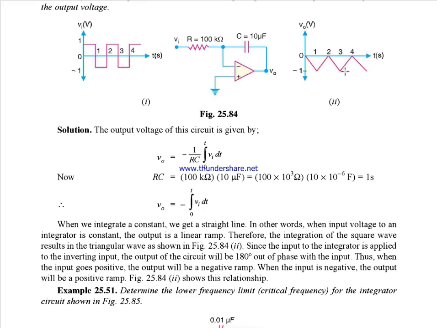So it will be a negative ramp, then a positive ramp, like this. Actually the output should be plus 1 volt, but since we are starting from minus 1 volt, minus 1 plus 1, it will reach 0 volt. Okay, so that is it.